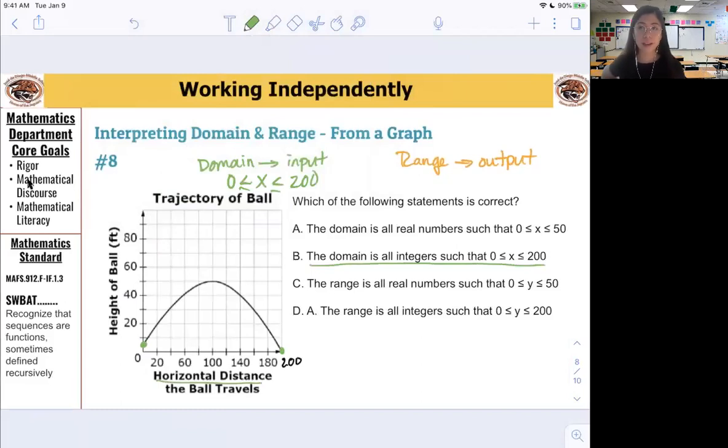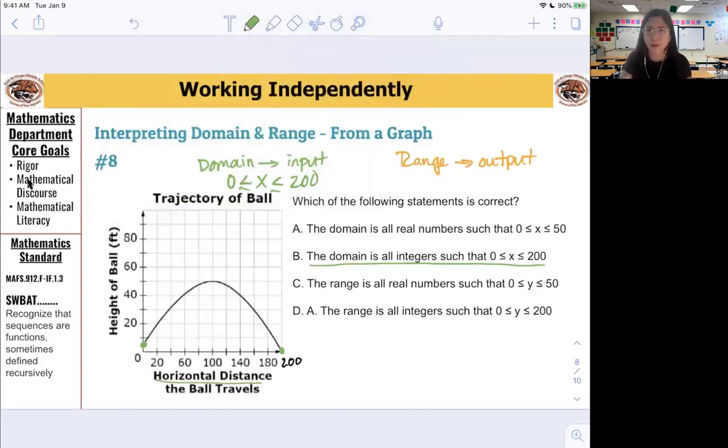Well, when that question comes up, you have to think, is the ball traveling from 0 to 1, from 1 to 2, from 2 to 3 without making all the distances in between? In other words, is it teleporting from 0 to 1, from 1 to 2, from 1 to 3? Or does the ball travel from 0 to 200 without skipping any places? And the answer is it goes from 0 to 200 without stopping.